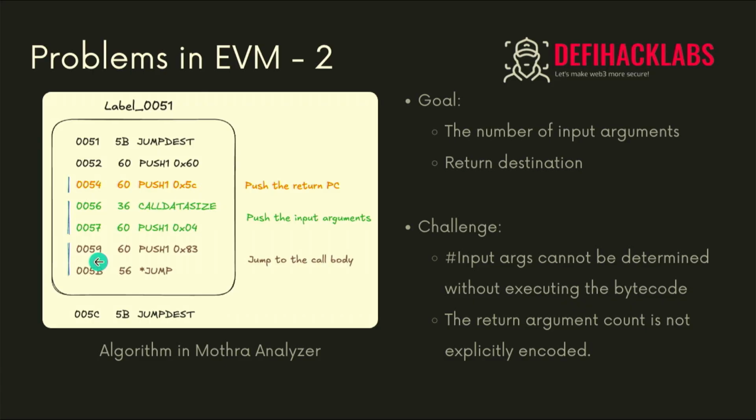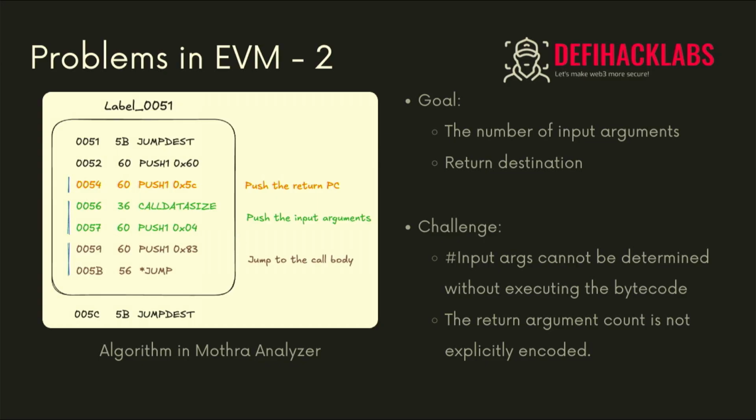But if you want to know the return address for this internal function call, you need to identify this PUSH operation, and this is the return address. And it will be difficult because there might be extra operations in between. So you might need to use some tricks or some algorithm to decode this value. All right, this is one problem for defining the function boundary.